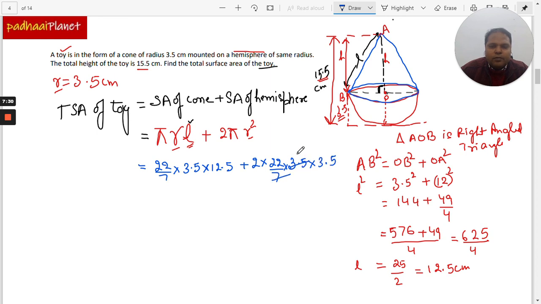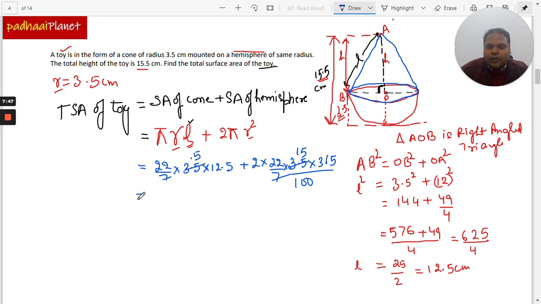So this is like 0.5, and to remove this 0.5, let me now put 100 here, and this is also 0.5.